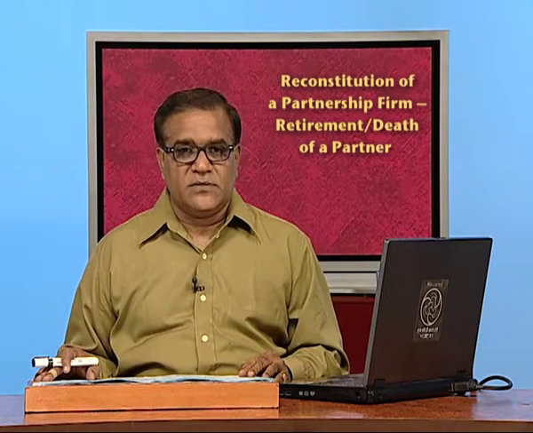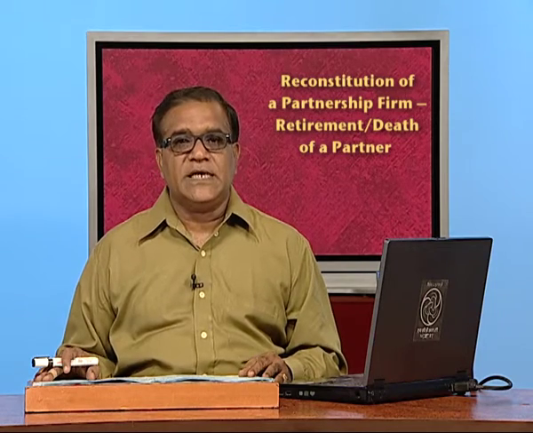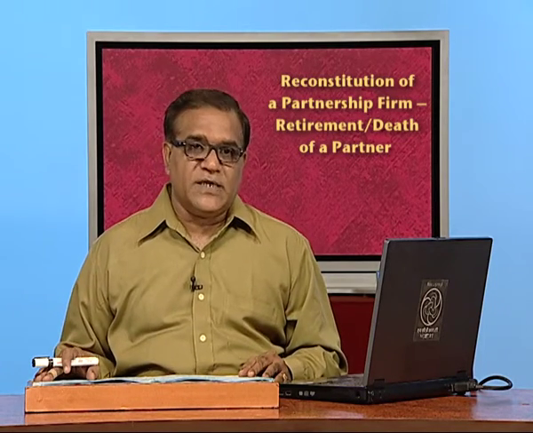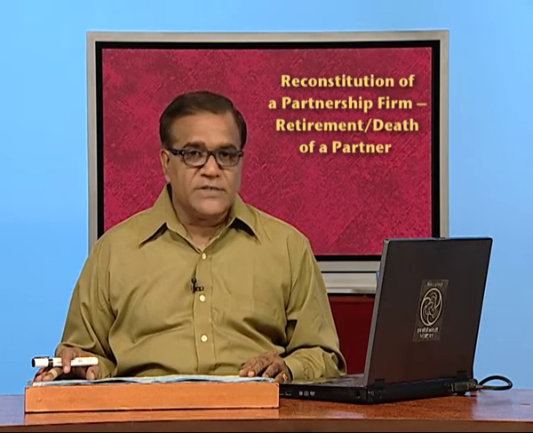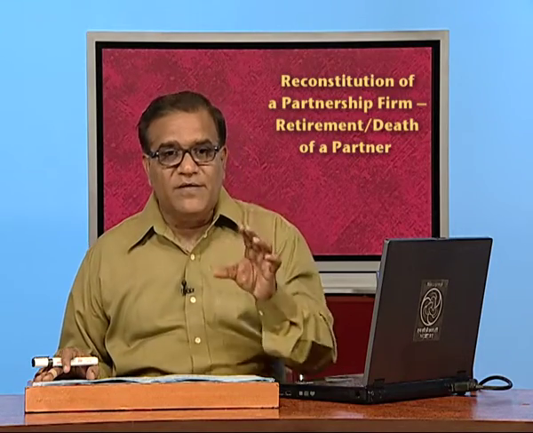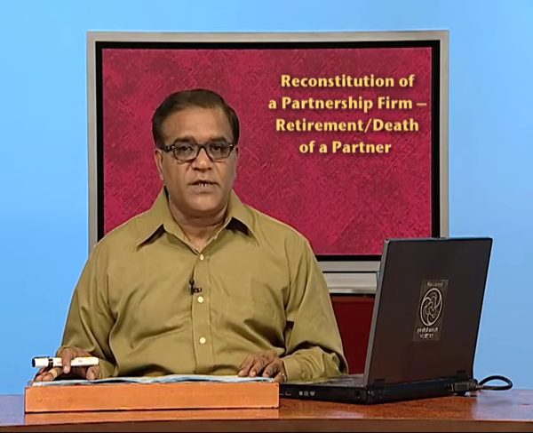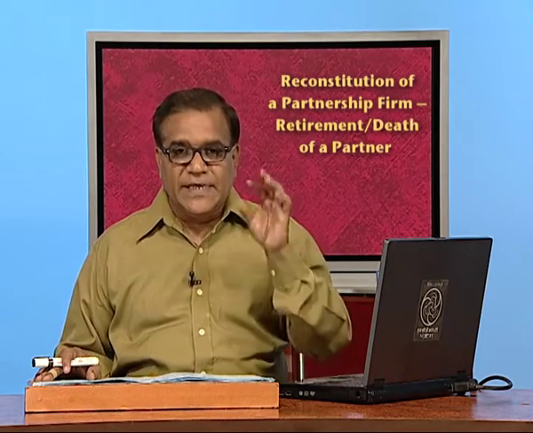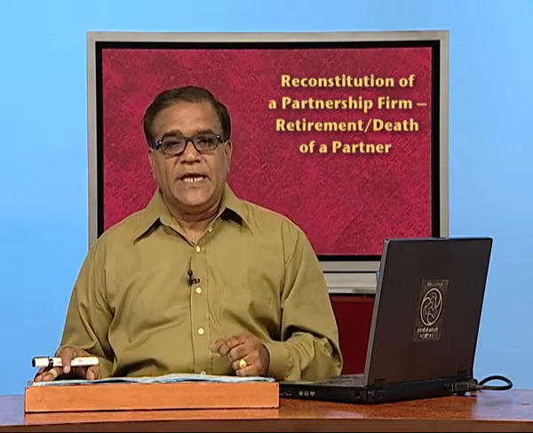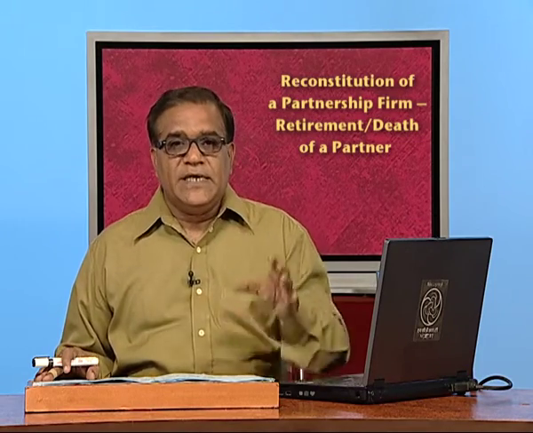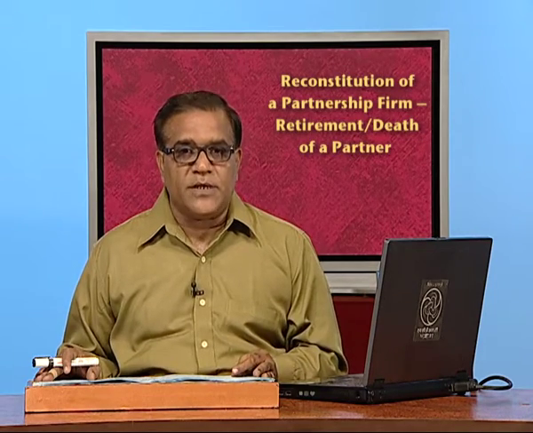B dies. Now, what happens is, when somebody dies, his policy is realized in full, but for the other persons who are alive, their policy will not be realized in full, but we will consider their surrender value for the purpose of distribution among all the partners. That is, A and C's policy surrender value will be considered, and B, who has died, his full value will be considered for the purpose of distribution among all the partners.